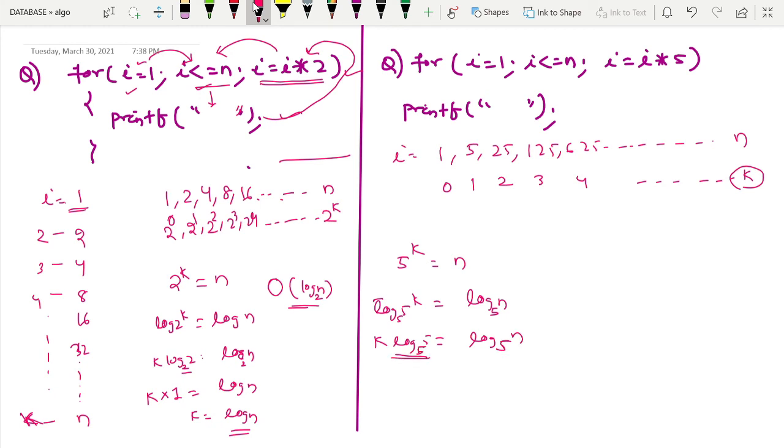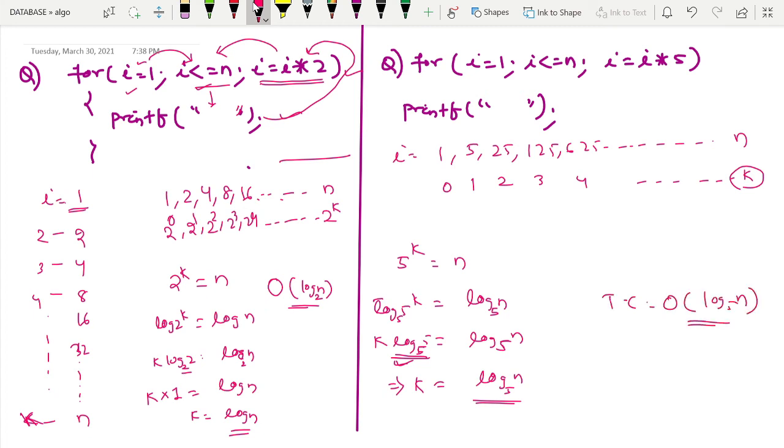Because I want to eliminate that, since log base 5 of 5 is 1. If I took any other base like 2 or 3, I would get some other value, so I am taking 5 here. So I get k equals log n base 5. So simply the time complexity will be order of log n base 5.